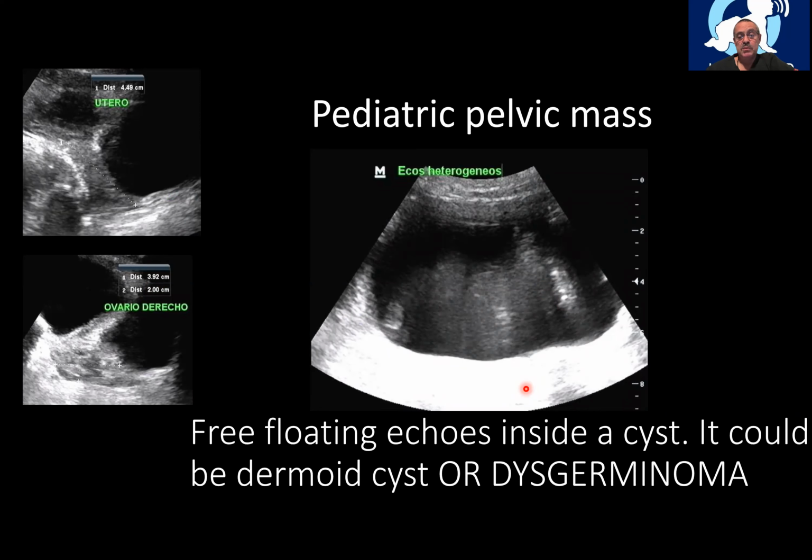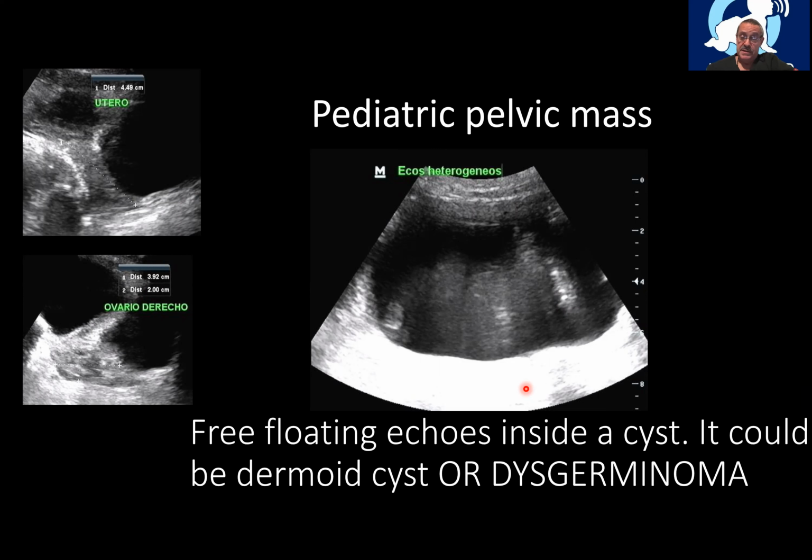Okay, let's move to pediatric pelvis masses. That's not nice. Whenever you see a female child with a pelvic mass, you can be looking at a malignancy.